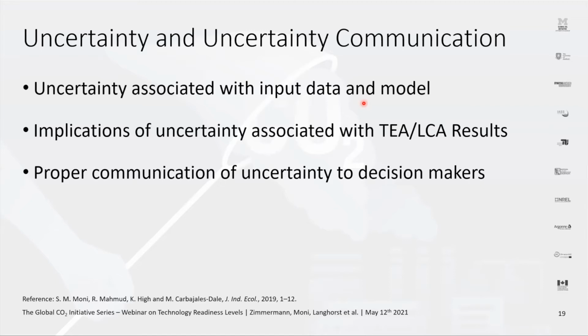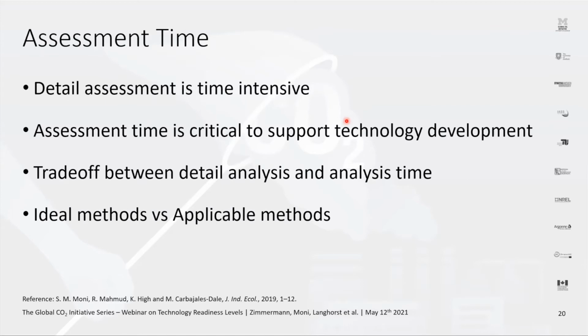So that is also important. Communication, like how this uncertainty will be communicated when presenting the results, is very important too. So the proper communication of uncertainty to decision makers is another challenge to performing LCA and TEA at low TRLs.